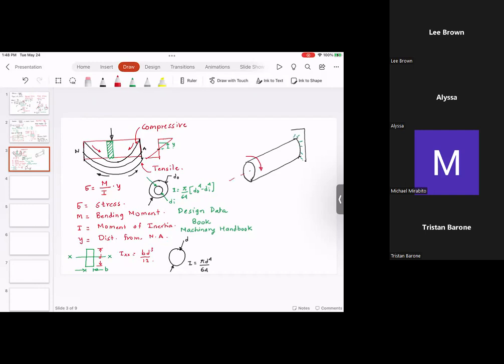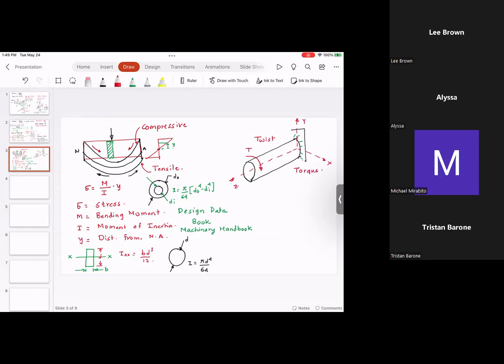Let's identify the coordinate system. This shaft has 3 axes, X, Y, and Z. The force around the Z axis, which is causing the shaft to twist, is the twist or torque.